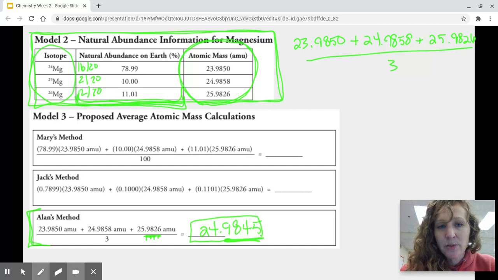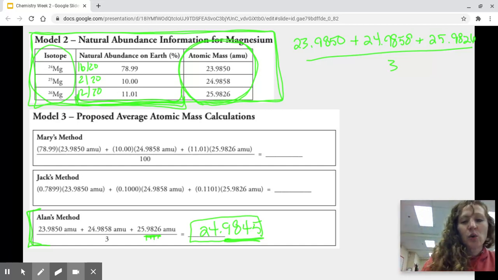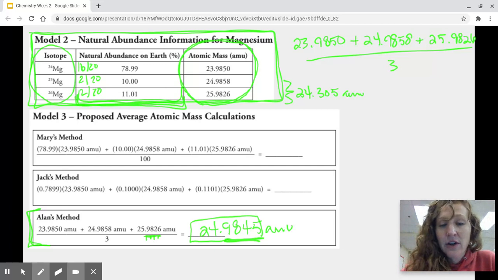Is that the average mass that is written on the periodic table? No, it is not. The average mass written on the periodic table is 24.305 AMU. That is different than the average that we just calculated. So they must not be calculating their average in the same way we are.